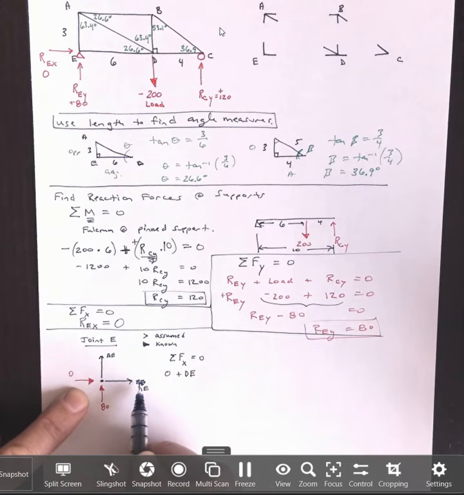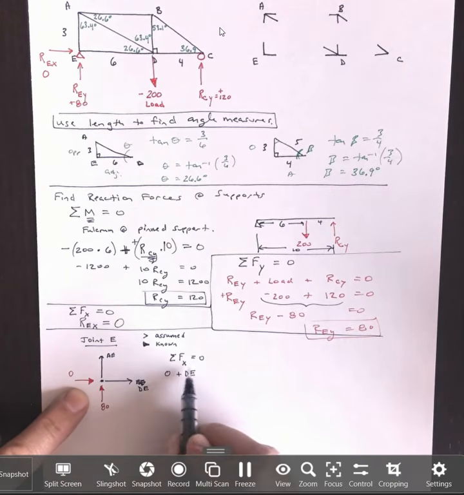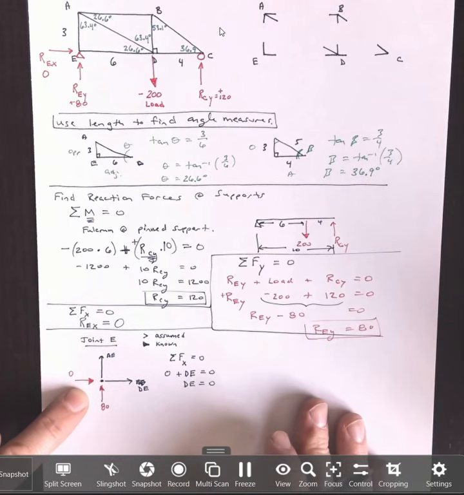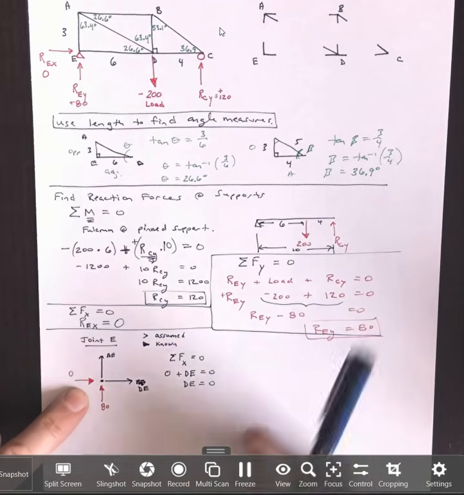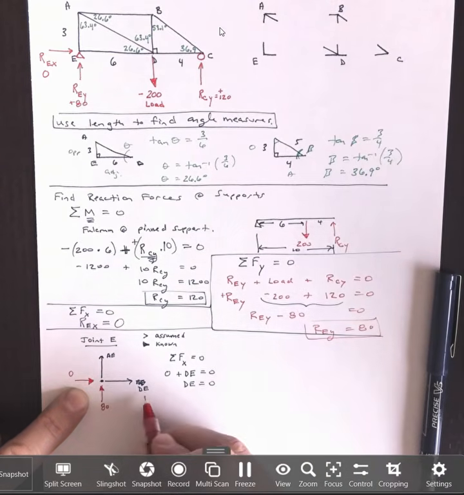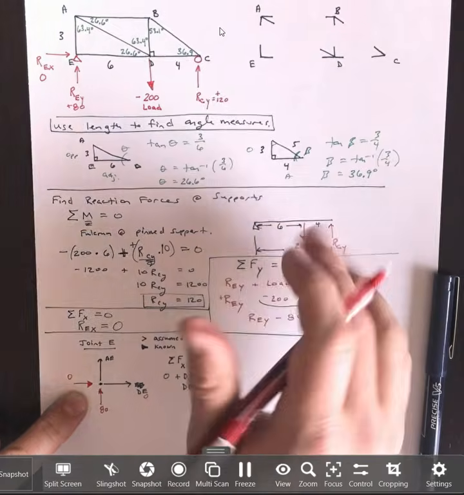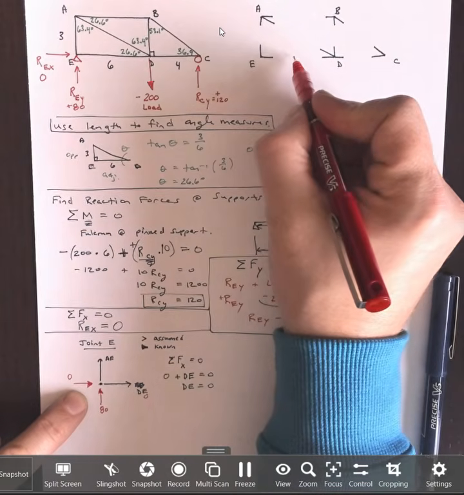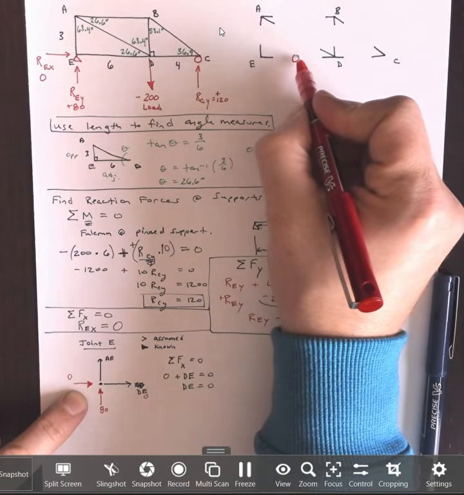So I'm assuming it's positive, which means I'm assuming it's tension, which is right. Right is positive. So that way the assumption's kind of built in here. In this one it really doesn't matter. We end up finding that DE is 0. It's kind of neither tension nor compression. So all the way up here, I'm going to go ahead and put a 0 here.